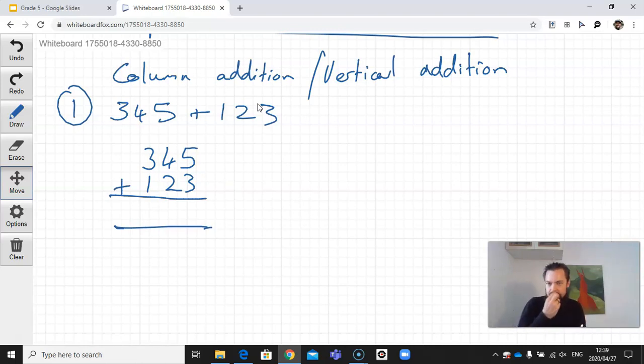First up, I must put in my sign. I line these two numbers up on the right. That will make more sense in a little bit. When I get some numbers where I've got a 3-digit and a 2-digit maybe, I have to make sure that they line up. So they must line up on the right-hand side.